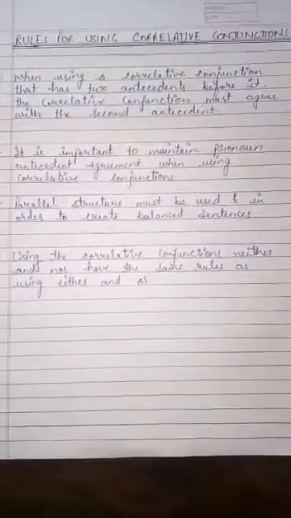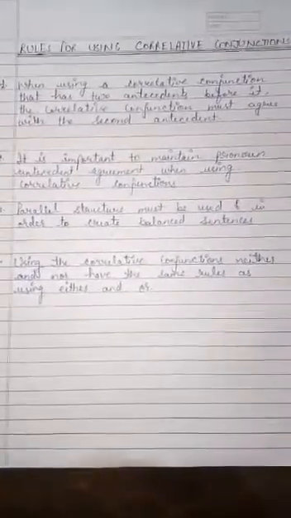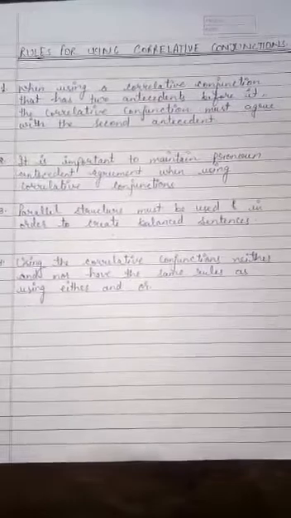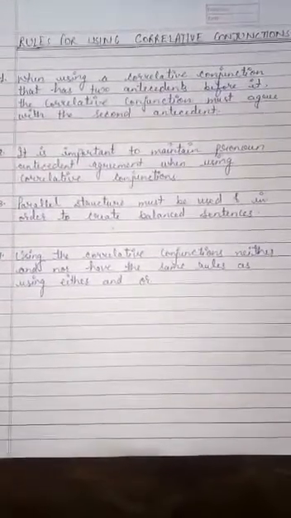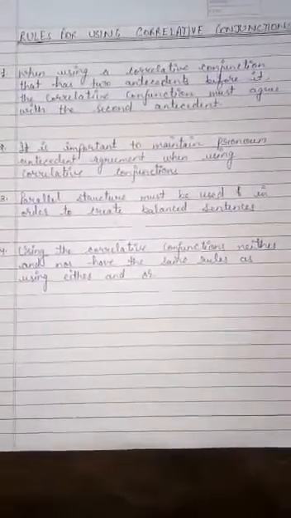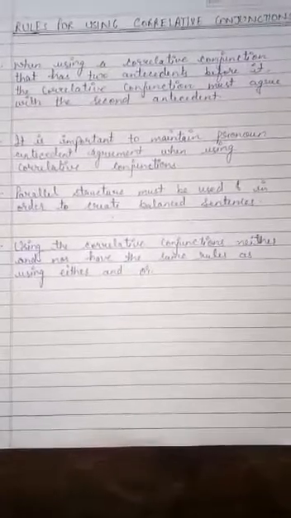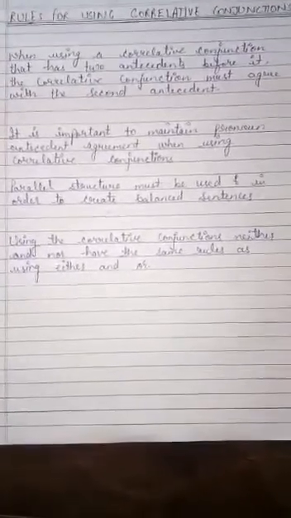It is important to maintain pronoun antecedent agreement when using correlative conjunctions. The third rule is, parallel structure must be used in order to create balanced sentences. The fourth rule is, using the correlative conjunctions neither and nor has the same rules as using either and or.